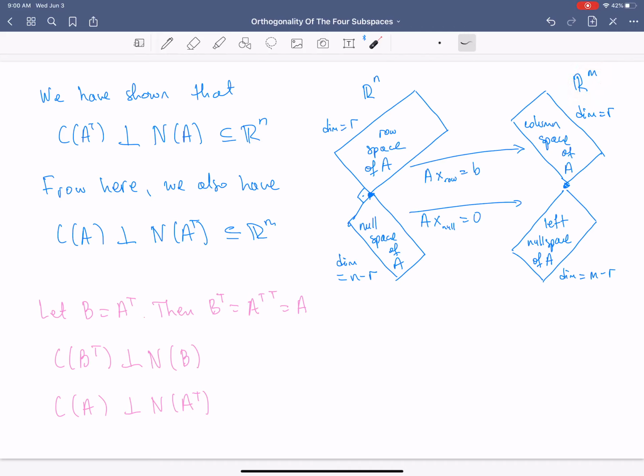And similarly, if I take a basis for the row space and a basis for the null space of A, then I will have n linearly independent vectors because I have r many in here and n minus r in there. So together they give me n linearly independent vectors, which can be a basis for Rn. All right, with this, I'll stop and we'll continue in the next video.